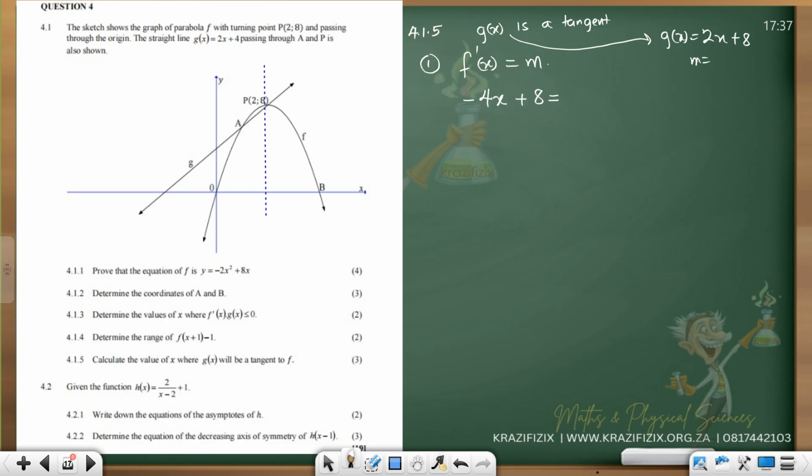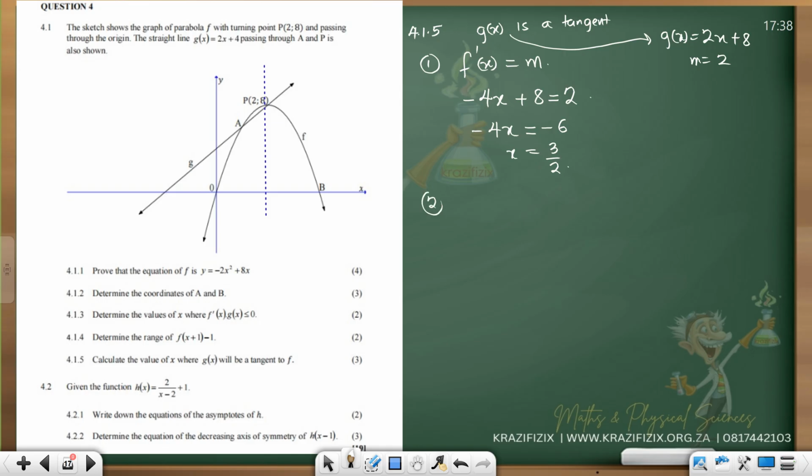What's our gradient? Lovely. 2. We are done. Negative 6, 3 over 2. So with the grade 12 one, it's quite easy because the first derivative of the graph is equal to the gradient of the tangent.